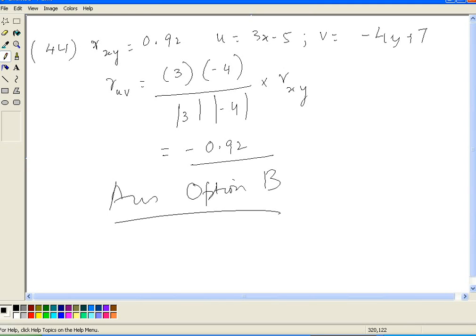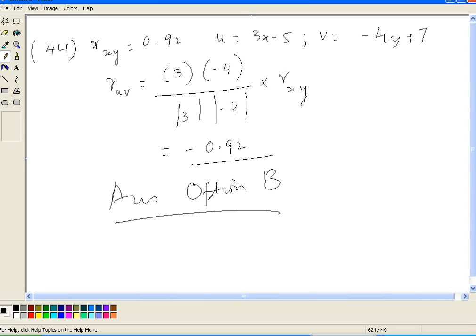As per the formula, it is the coefficient of x in u, which is 3, and the coefficient of y in the equation for v, which is minus 4, divided by the absolute value of 3 into absolute value of minus 4, into correlation coefficient of x comma y, which on simplification is minus 0.92.